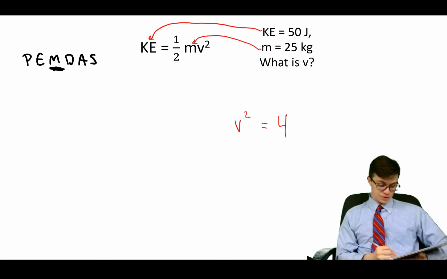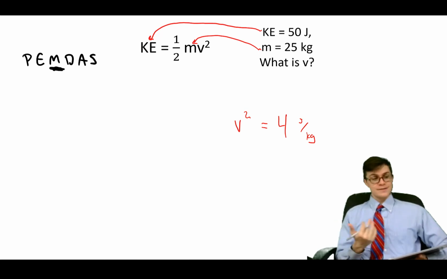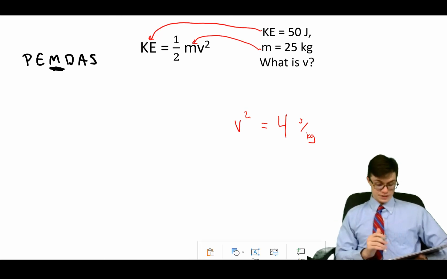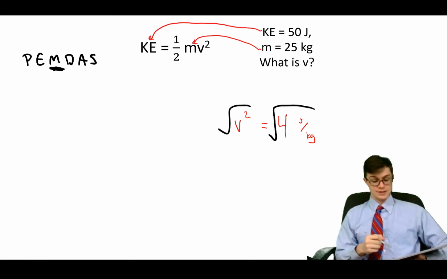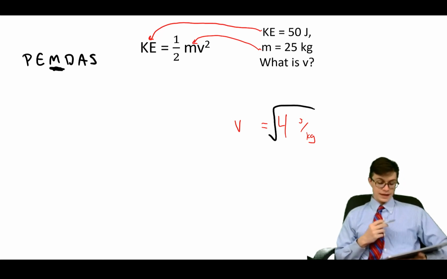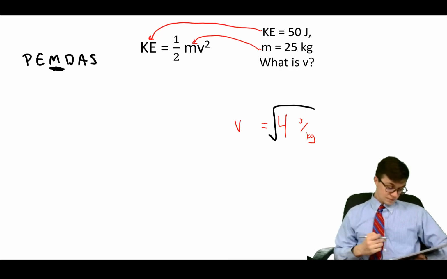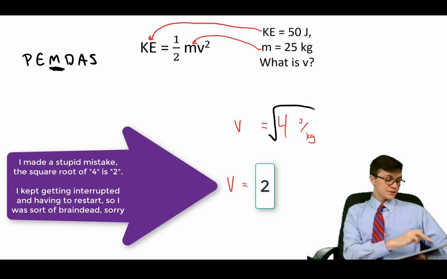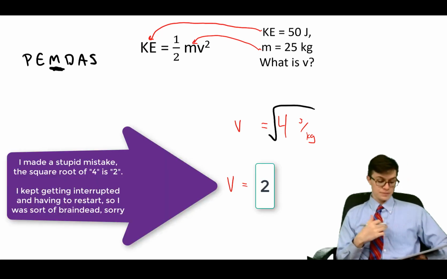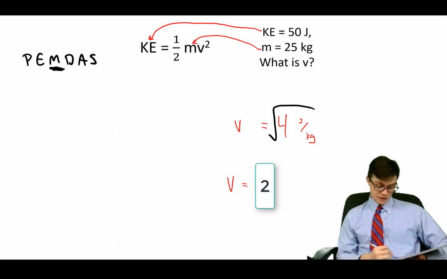And then the units that I had were joules divided by kilogram. Finally, what I need to do is I need to get rid of this squared because it's V squared equals that number. So I'll take the square root of both sides. And so the square root cancels the square. And I get the square root of 4. So I end up with velocity is equal to 4. Now the unit is a little bit weird for this one too. You could memorize the unit for velocity if you wanted, in which case you would write down meters per second.